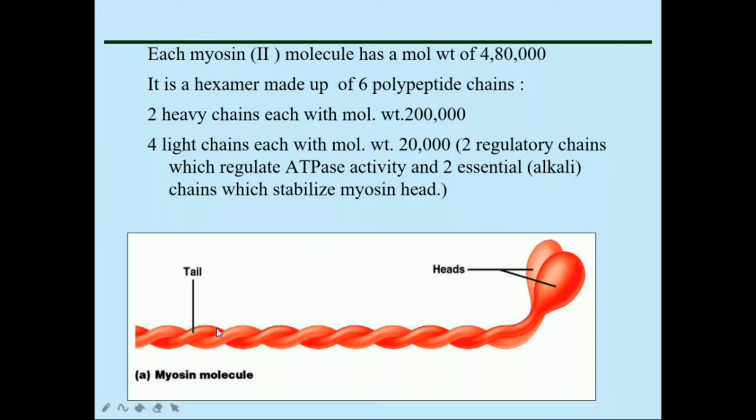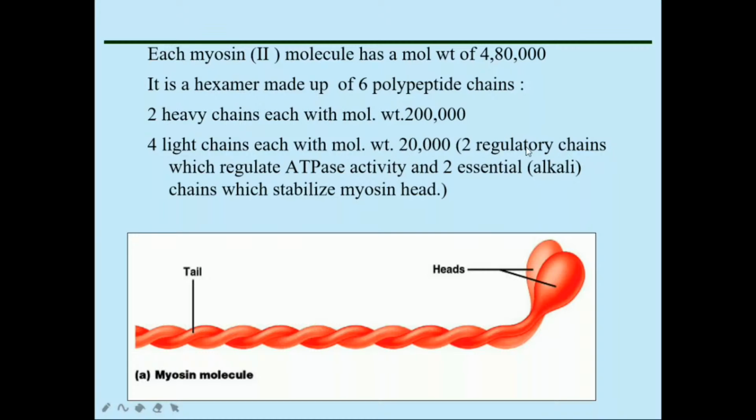You can see here in this diagram, these are the 2 heavy chains or the long chains, and each heavy chain has a molecular weight of about 200,000. There are 4 light chains, each with a molecular weight of 20,000.